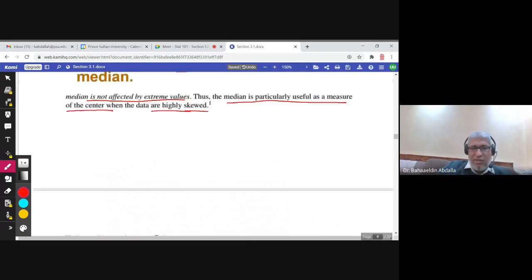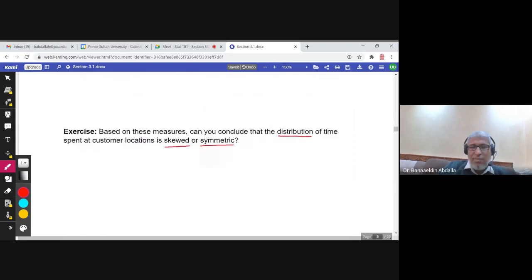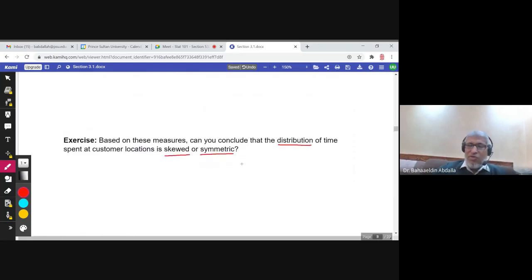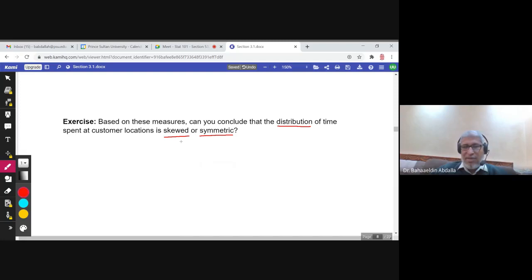So now we can answer this question. Based on these measures, can you conclude that the distribution of time is skewed or symmetric? Well, we found that the mean, which is 2.417, is smaller than the median, which is 2.5. So this means that the distribution is, although the difference is not really big between them, so I'll say slightly, okay?